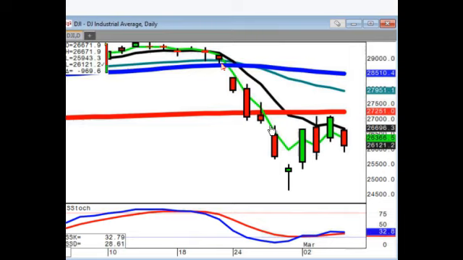But we also know some other simple rules that we can apply to what happens in human nature. Where do most people sell? They panic sell at the bottom. So if we're in the oversold area, what tells us we're starting to see excessive selling? Gap down, gap down.